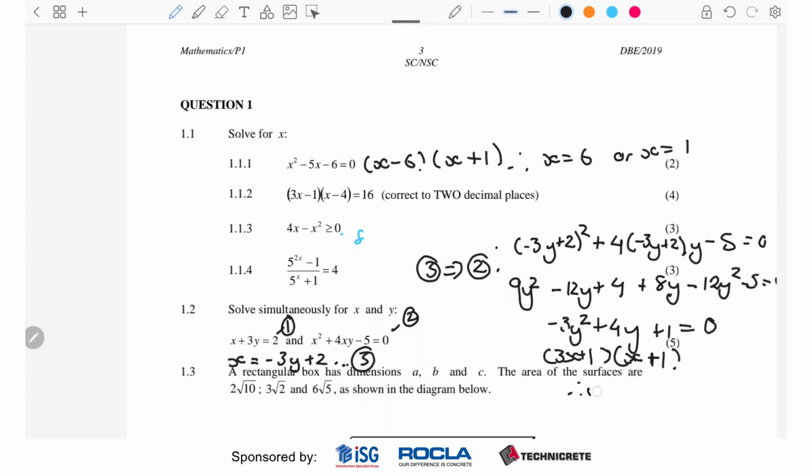So therefore y will be negative 1 over 3, or y will be negative 1. Then I'm going to sub that into my third equation, which will give me, for y is negative a third, x will be 3, and for where y is negative 1, x will be 5. So that's that.